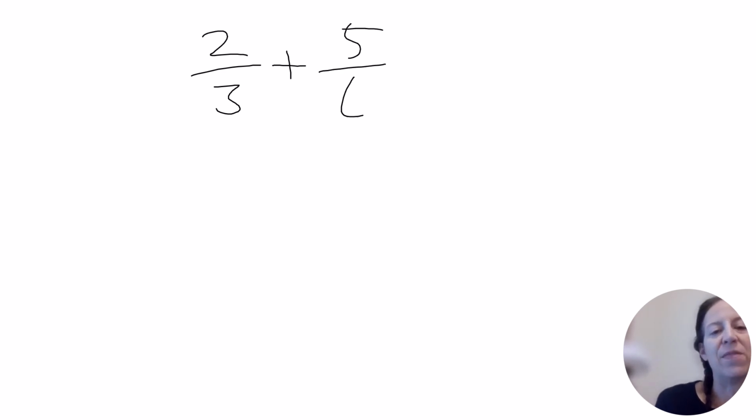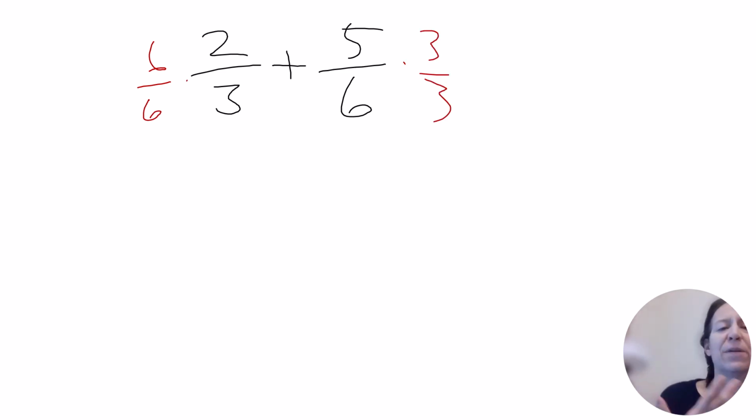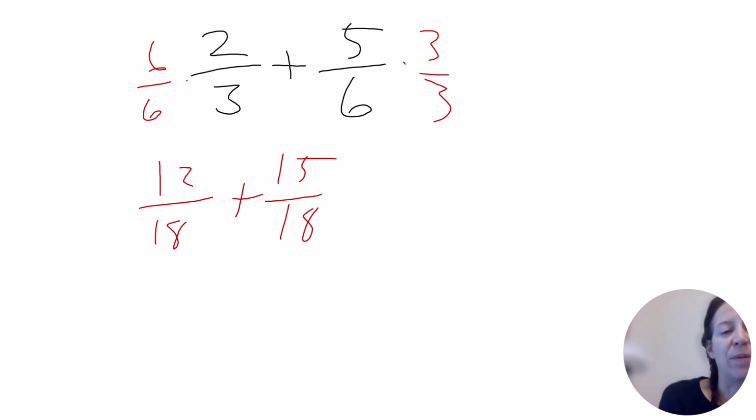So we could have, say, 2/3 plus 5/6. Now in this one, you could say 6/6 and then 3/3 and multiply by 1 that way. But you don't need to, because 6 is a multiple of 3. So just to show you how that would work, you could go with 12/18 and 15/18, and that would be 27/18.